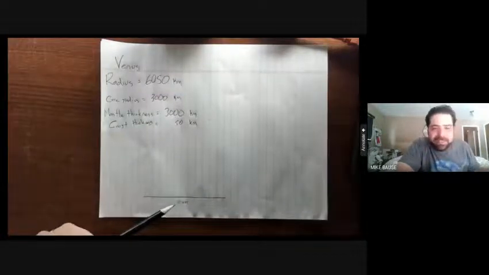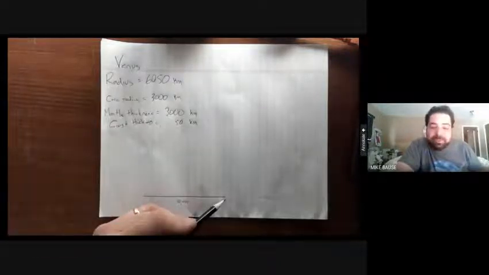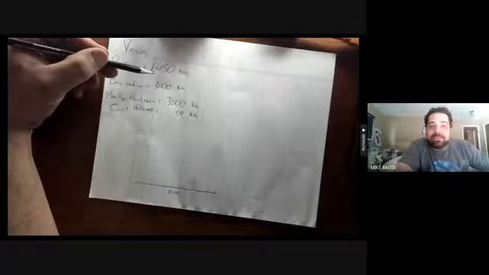So the first thing we got to do is figure out our scale. In my example, I said, let's make a 10 centimeter line. 10 centimeters is going to represent the radius from the center of Venus all the way to the crust of Venus right here. That's what this 10 centimeters represents. Well, because we made a scale, I could say that 6,050 kilometers, which is the true size of Venus, I could set equal to my scale.